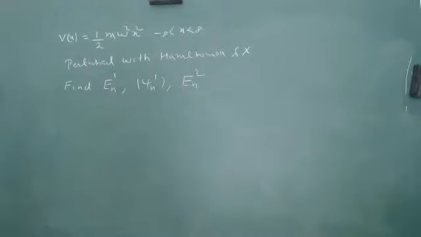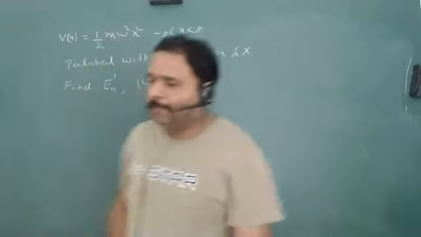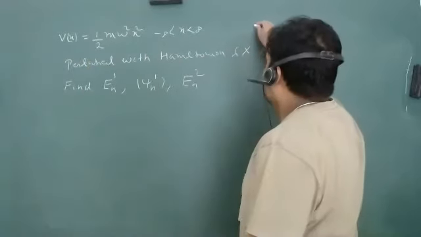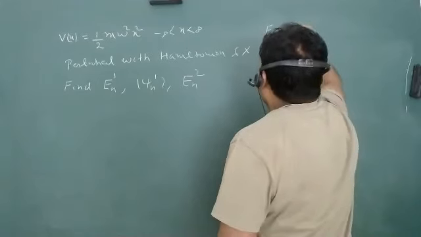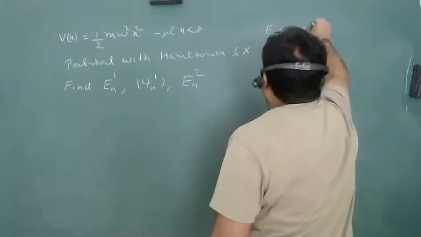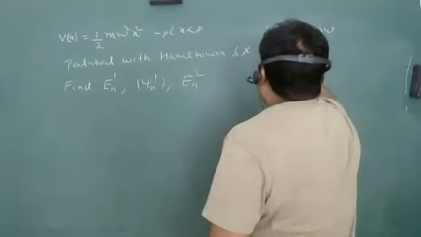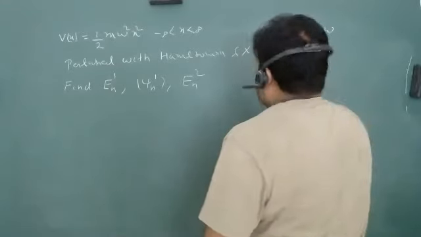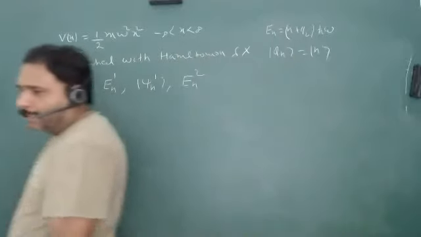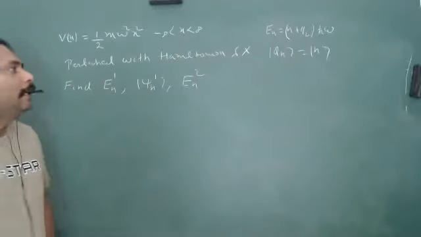So what will be the energy eigenvalue for this? E n is equal to n plus half h cut omega. And what is phi n? It is all about the n ket, isn't it? You know this number ket.